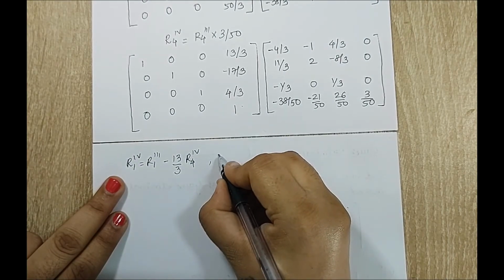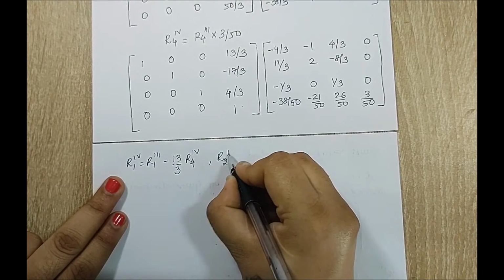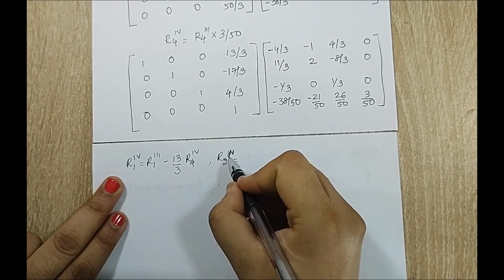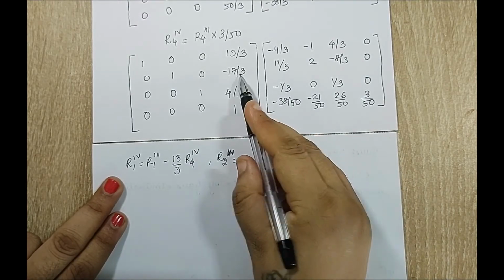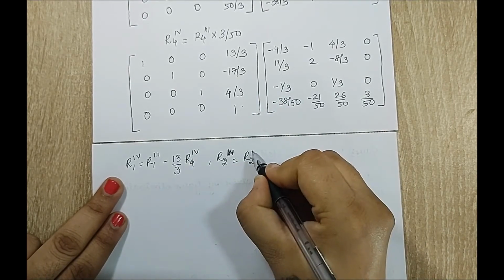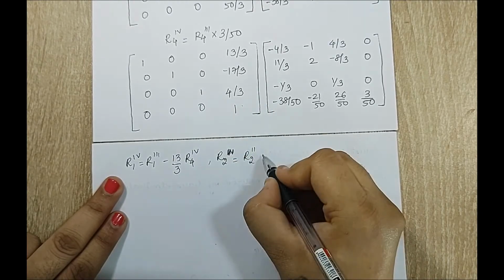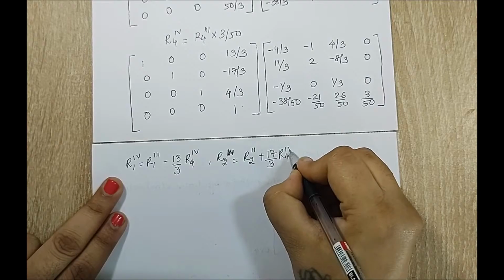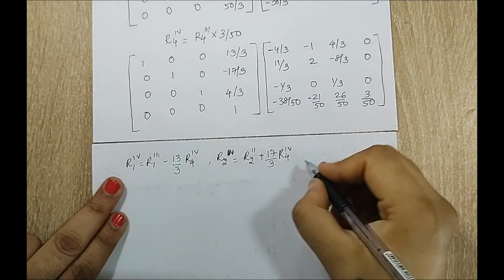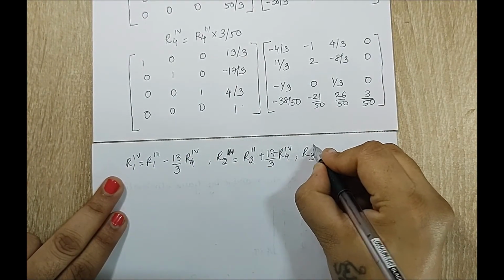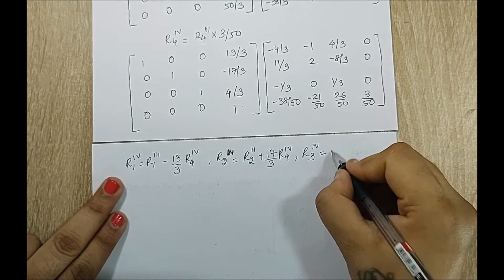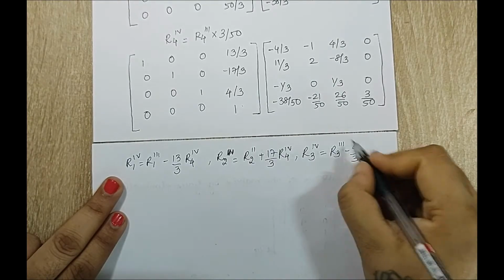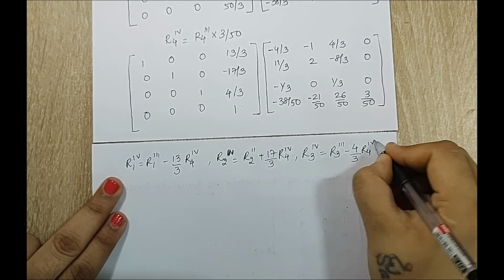Next I'll calculate for R2 3 dash, because there is one operation less for R2. So R2 3 dash will be R2 double dash plus 17 by 3 of R4 4 dash, and finally R3 4 dash will be R3 triple dash minus 4 by 3 into R4 4 dash.